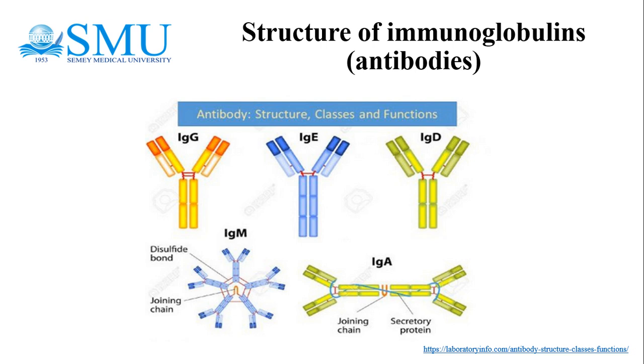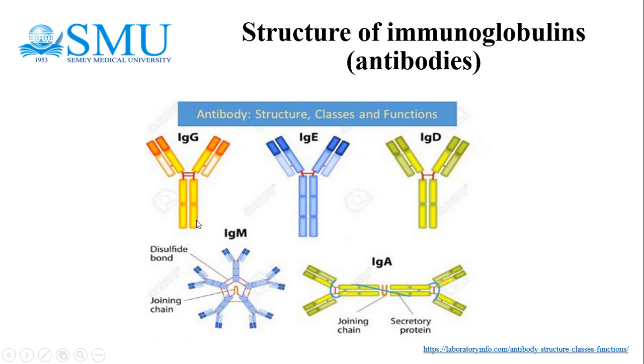And the structure of antibody: an antibody molecule is a Y-shaped heterodimer composed of 4 polypeptide chains, 2 identical light chains, this is light chain, and 2 identical heavy chains. This is heavy chains.